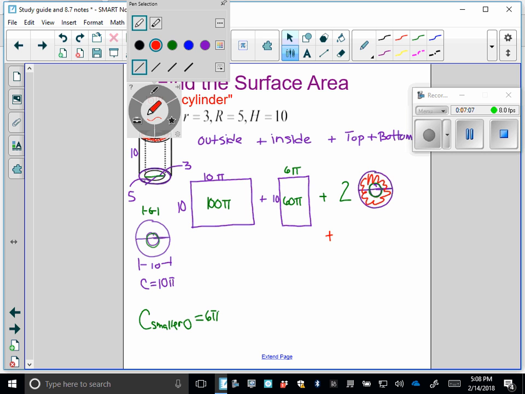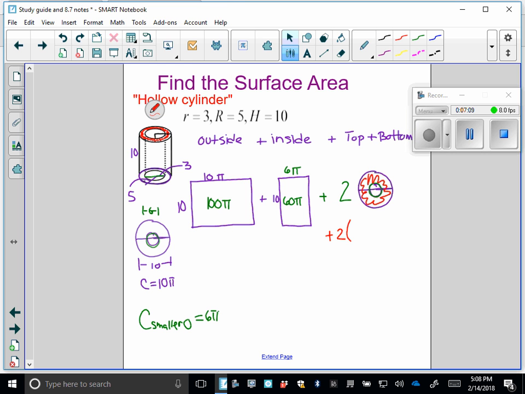And when you do that, you basically just do the big circle minus the little circle. So you might think of it as pi capital R squared minus pi little r squared. So 2 times 25 pi minus 9 pi.